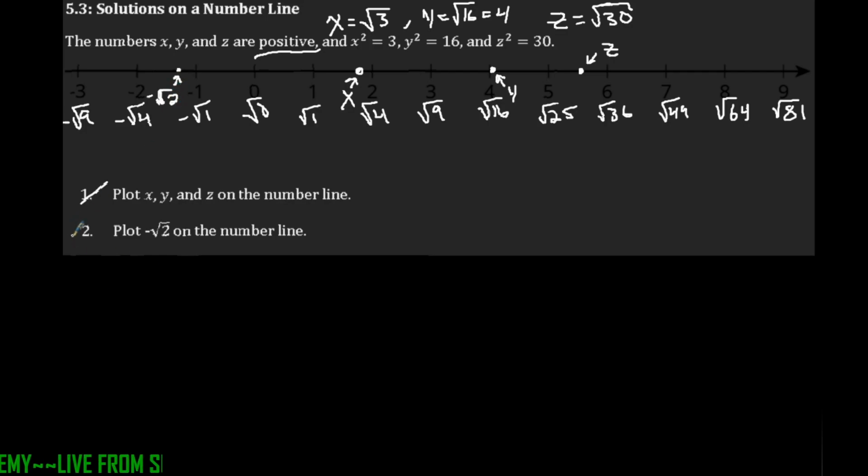So plot all 4 of those values on the number line. Notice how they are in between some values. However, the value for y is directly on 4 since it is equal to exactly 4. Again, feel free to pause, rerun, replay as needed.